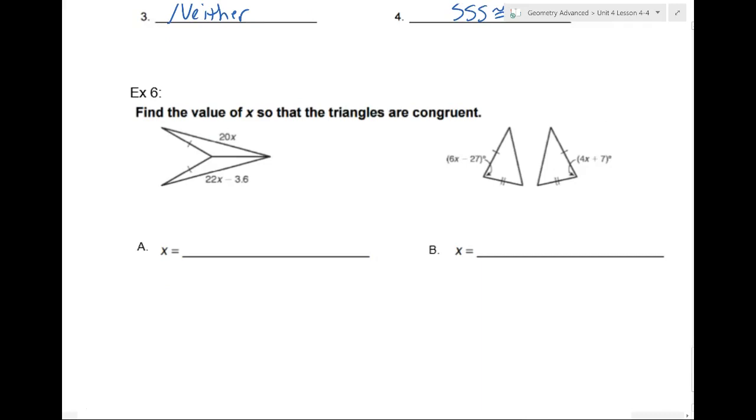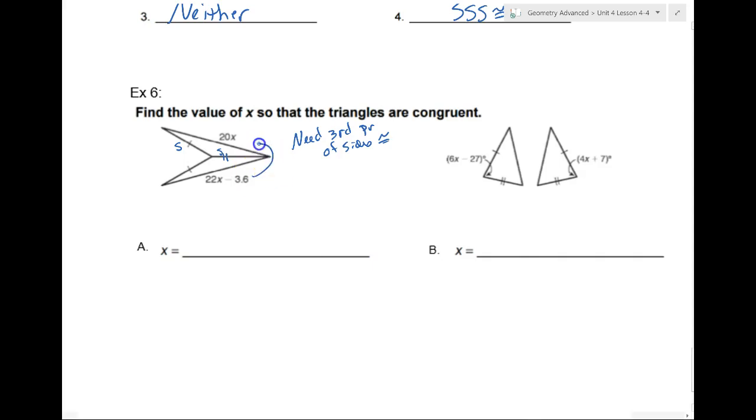Now this says find the value of x so that the triangles are congruent. Well, remember, in order for them to be congruent, we have to assume that they're congruent. So what do I know so far? Well, I have a pair of sides here that are congruent, and I have a reflexive side that is congruent, and then I need the third pair of sides to be what?